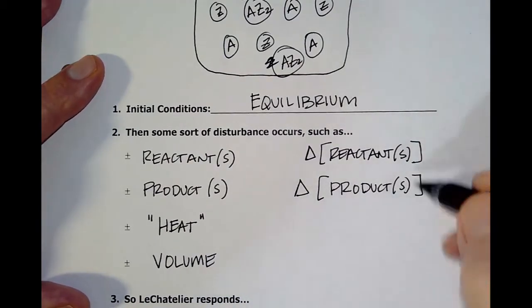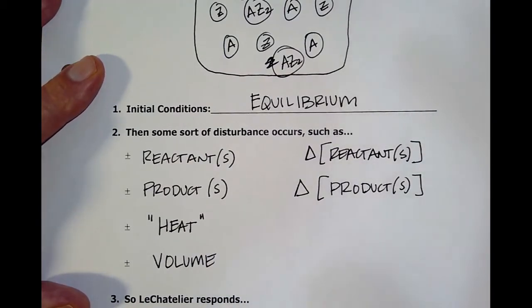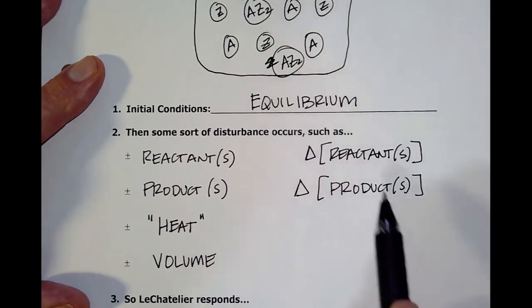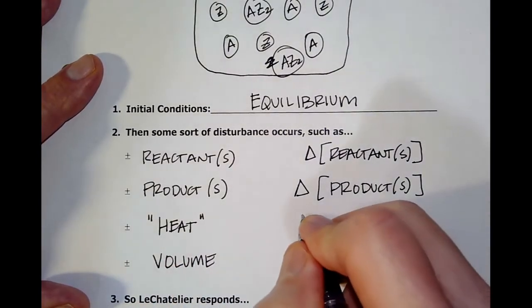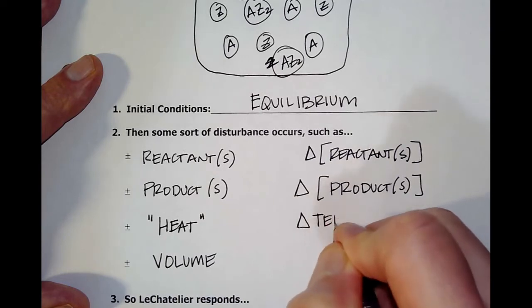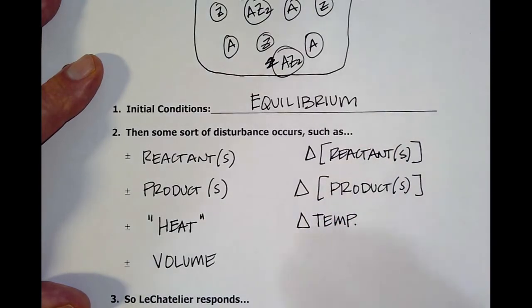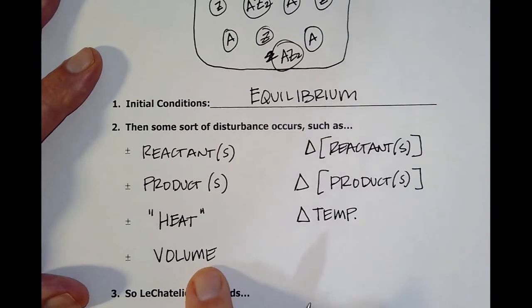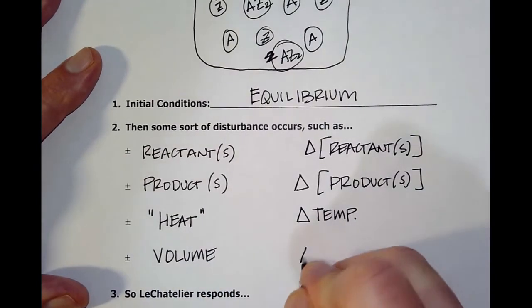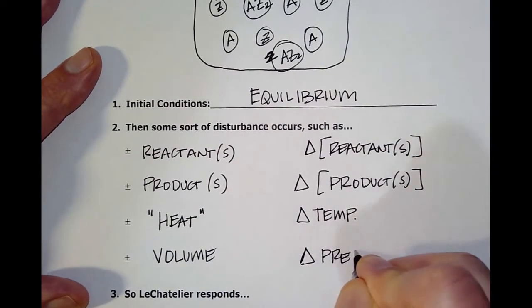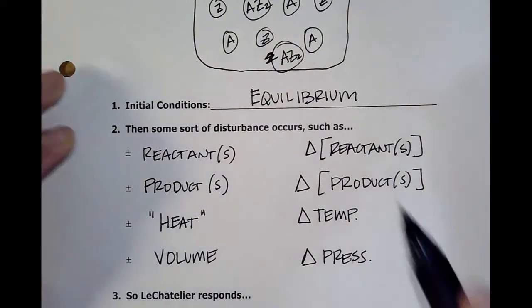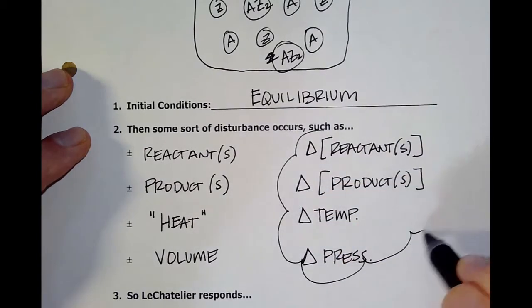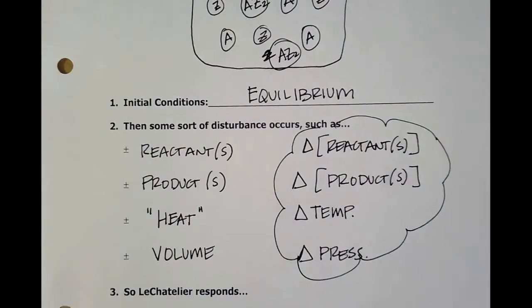And remember, these are what we use to calculate K. These are the equilibrium quantities, and now I'm going in and changing them. If I add or remove heat, I'm really changing the temperature. And we did this mental experiment that if you change the volume, you're changing the pressure. So I have all of these changes.